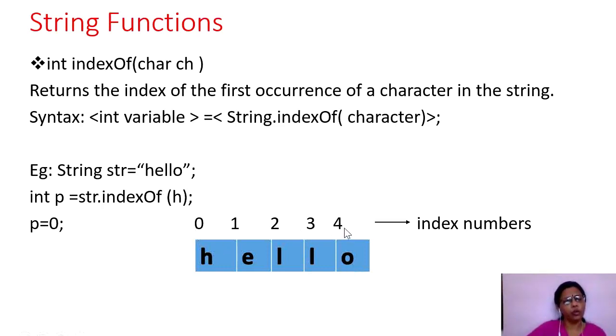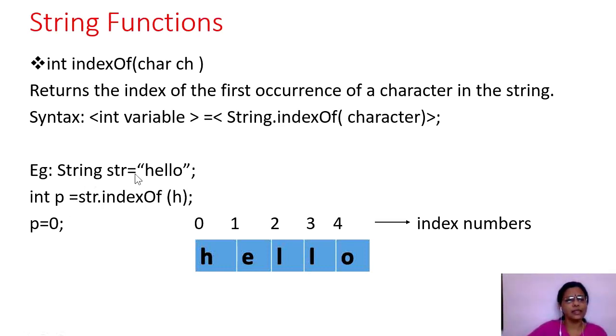So what we are going to do is find out the index number of a particular character in your string. That is the duty of this function: find out the index number of the character which I am going to give in the function. Now look into this example.